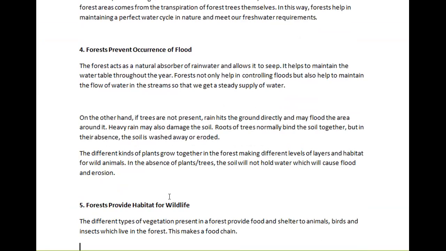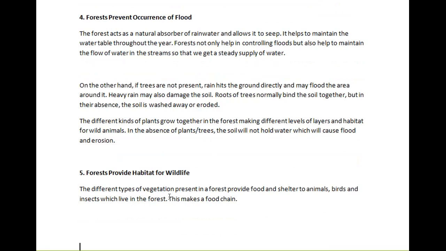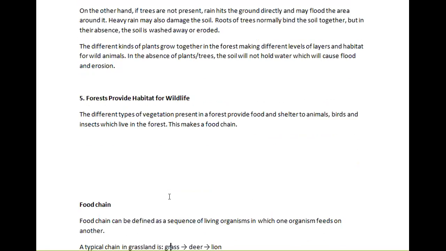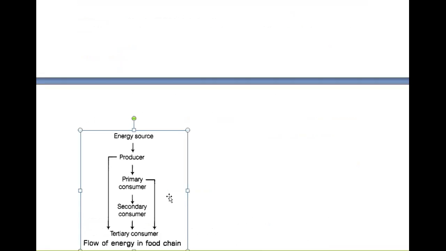The root of a tree fixes with the soil, and when there is a flood, the soil isn't eroded. Thereby, soil erosion is prevented by forests. Forest serves as habitat for wildlife.